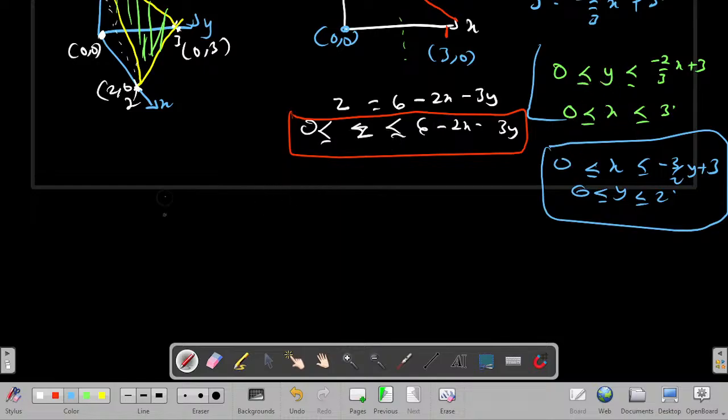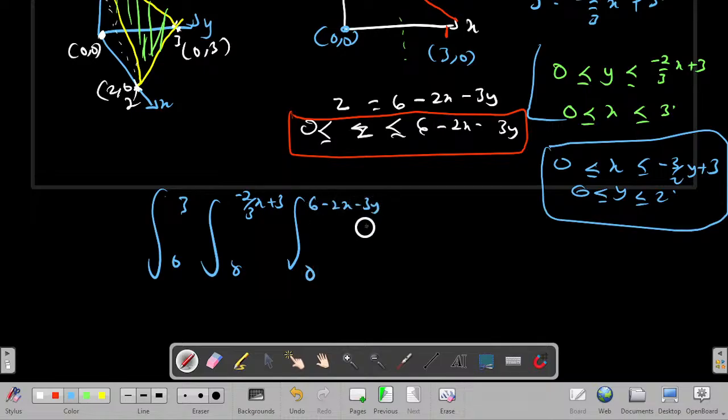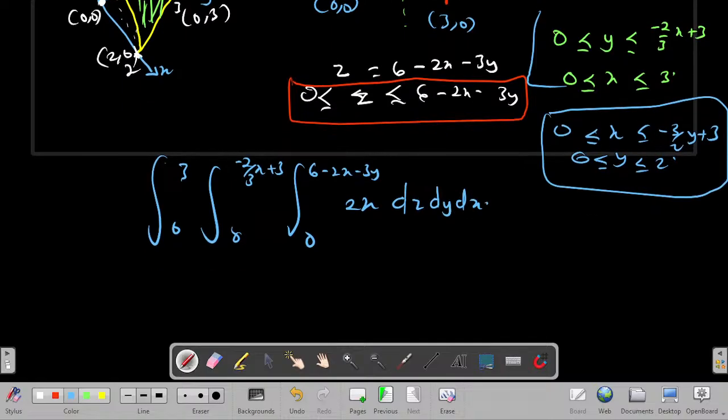We have x at the outer domain, 0 to 3. We come to the y from 0 to negative 2 over 3x plus 3. Then we come to z, 0 to 6 minus 2x minus 3y. And our function also is 2x. The inner one is the z, then the y, then the x. As simple as that.